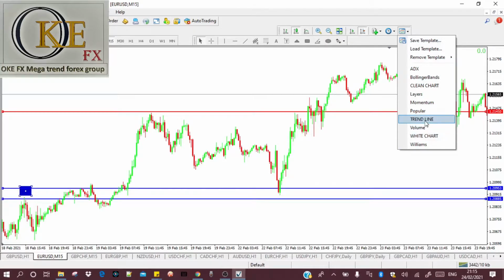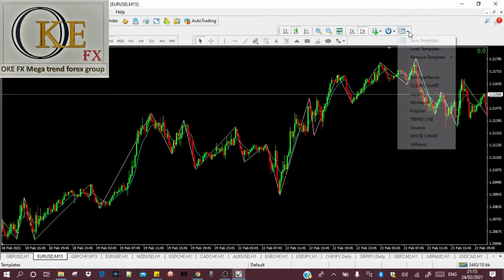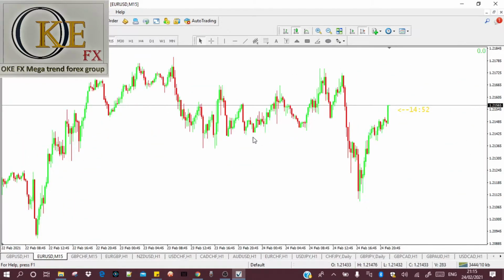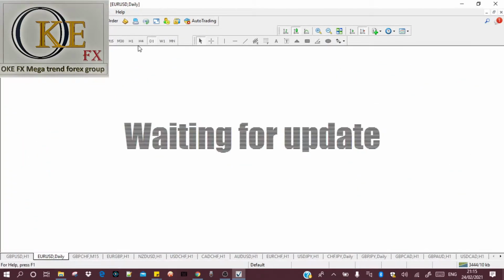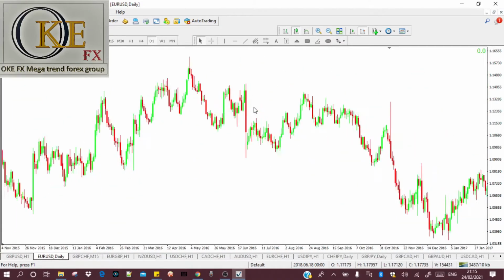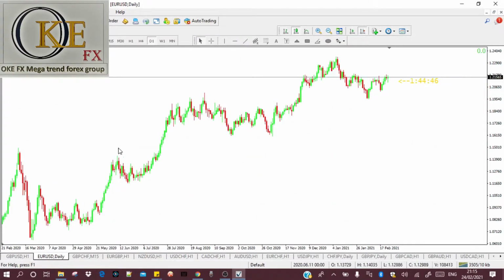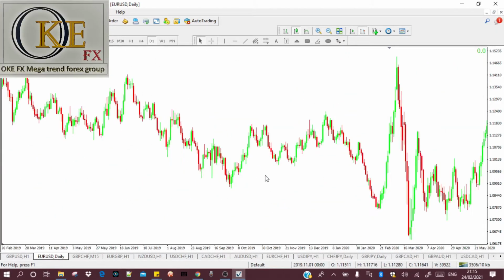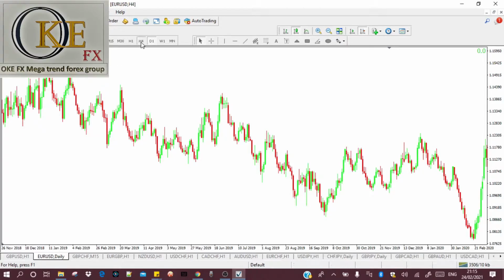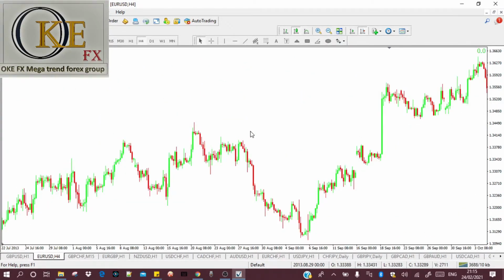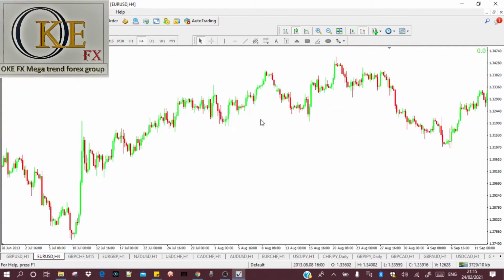I'm trying to show you another way that you can identify areas of support and resistance, especially as a newbie. If it gets so complex that you can't really figure out where is this support or where is this resistance, where can I really say that this is where I need to pick as my area of support or resistance.